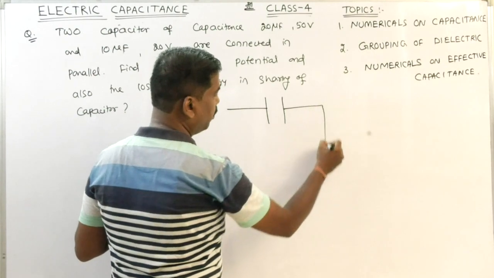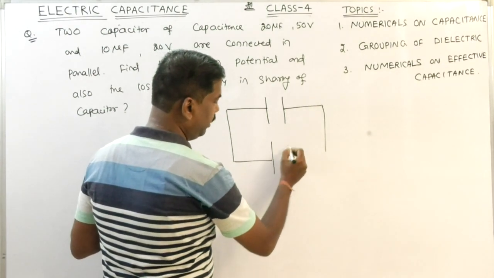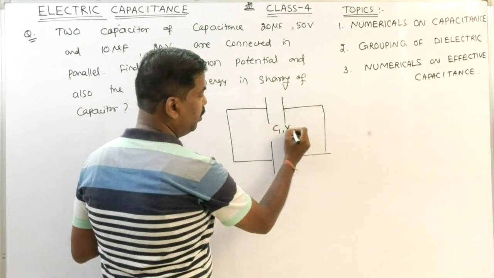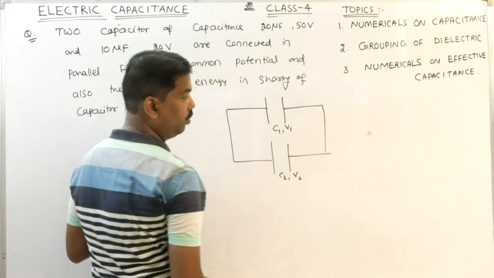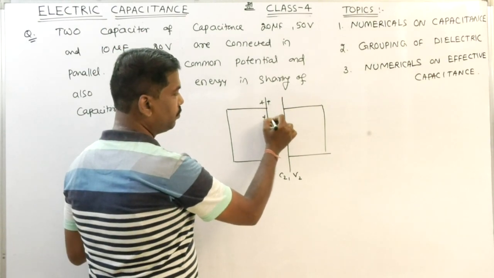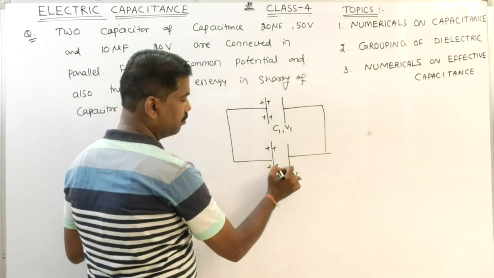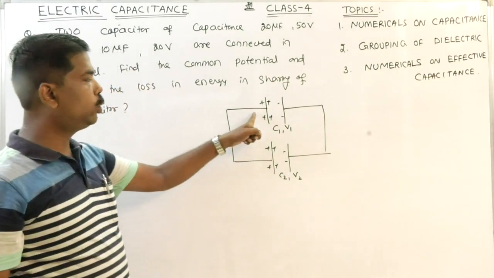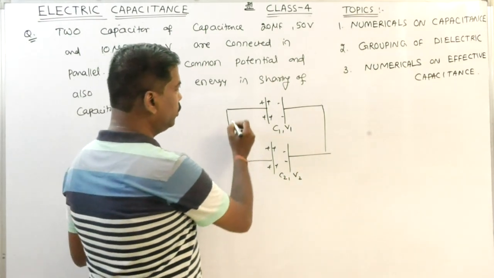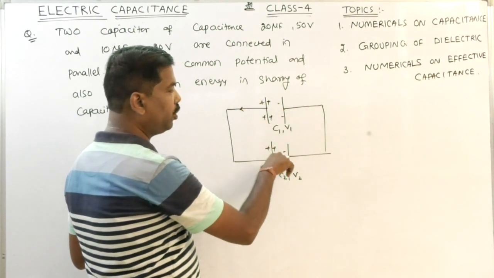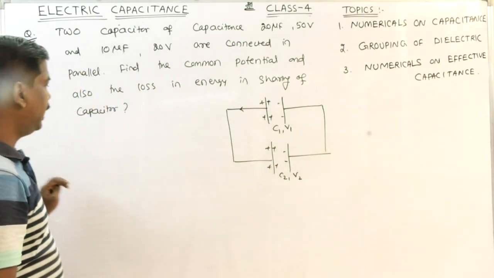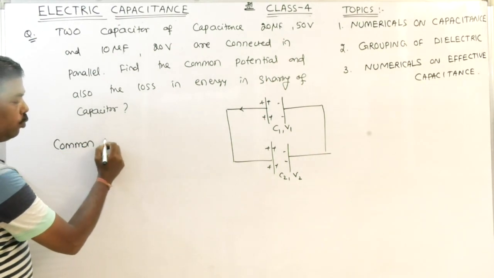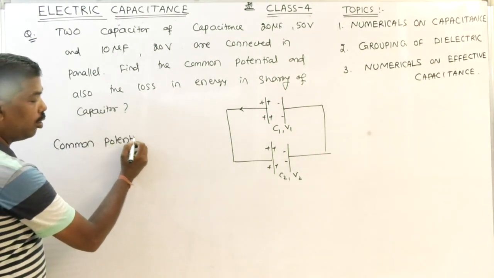This is a capacitor and it is another capacitor, C1, C2, having potentials V1 and V2. So when there are two different potentials, there is a charge flow from high potential to lower potential until the potential of each capacitor is equal, and that potential is called common potential.